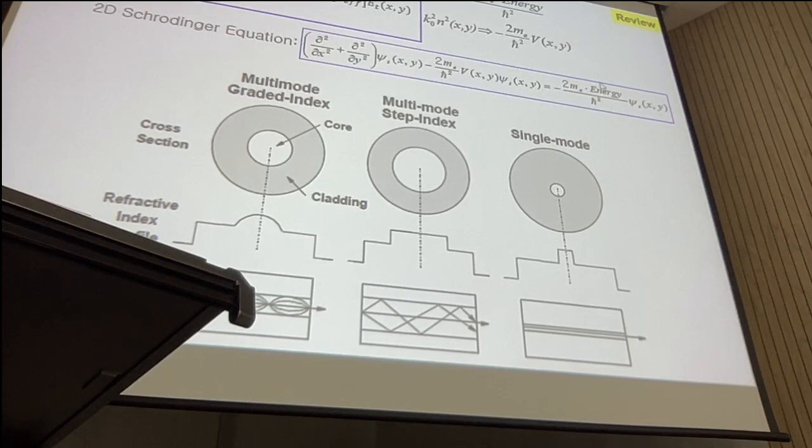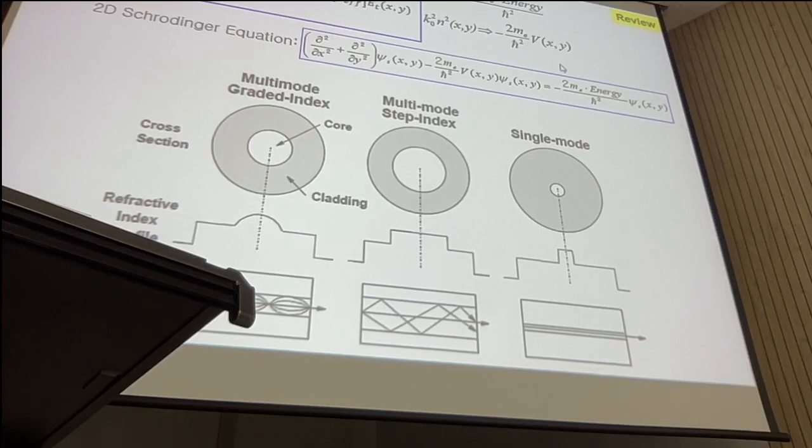We have this one and this one. So this two-dimensional waveguide equation, called the scalar waveguide equation, becomes identical to the two-dimensional Schrödinger equation if we assume that minus potential times a constant equals k0 square n square.